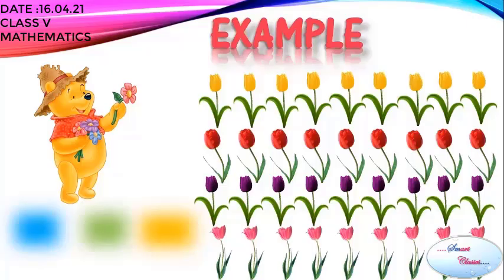For example, we can see here a lot of tulip plants. How many plants are there? Can you tell me? Don't worry, I will tell you. Here are a total of 36 plants. It is clearly visible that there are 4 rows of these plants: 1, 2, 3 and 4. Can you find out how many plants are there in each row?